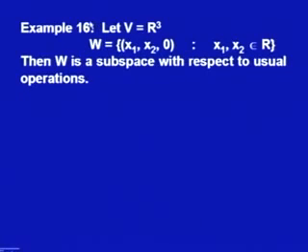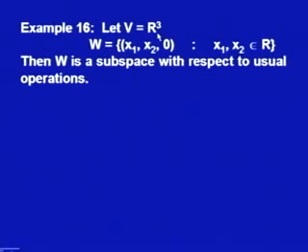Now I'll explain the definition with the help of an example. The example is taken from R cube. So if we consider V equal to R cube and W is the set of all triplets where x1 and x2 belong to R, but the third component is 0, then W is a subspace with respect to the usual operations.